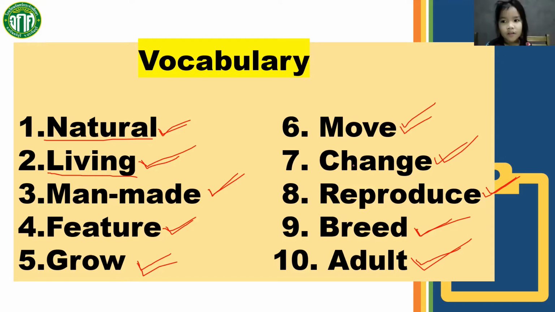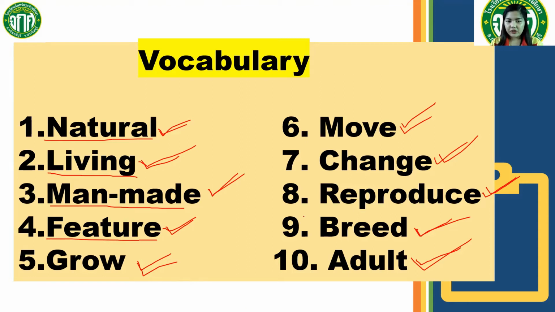Next, Ozone, please spell number 3. Man-made. M-A-N-M-A-D-E. Very good. How about number 4, feature? F-E-A-T-U-R-E. Very good. Feature.